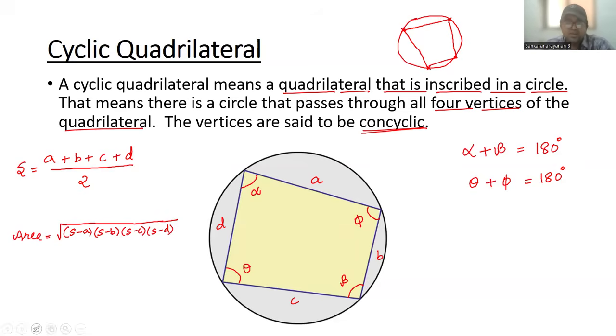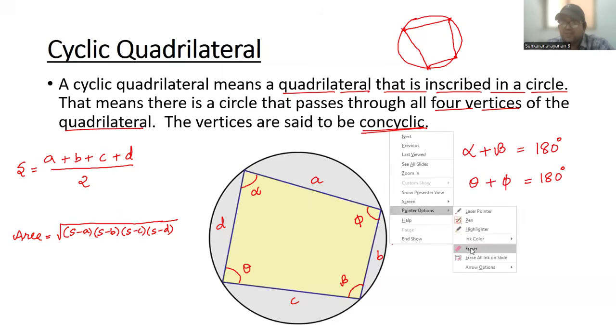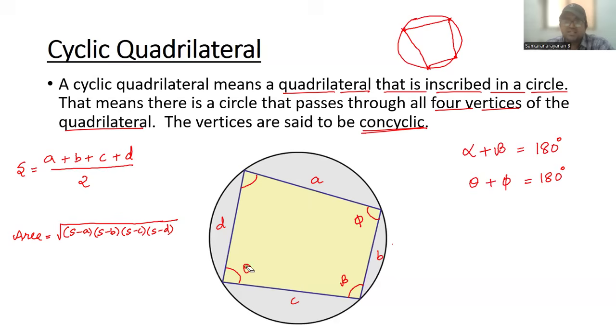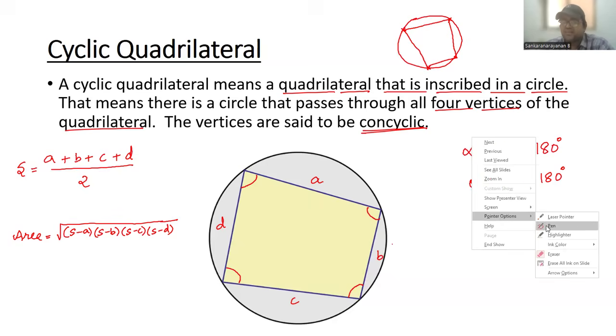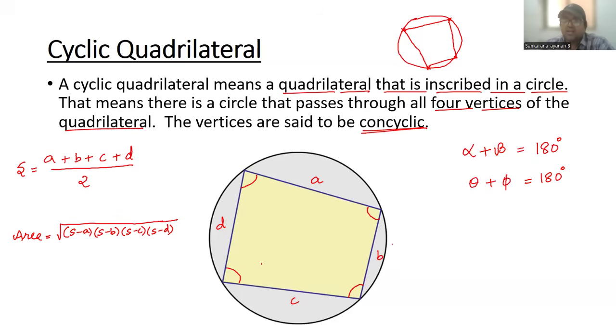Semi-perimeter will be A plus B plus C plus D divided by 2. So from this, we can say that the square root of S minus A into S minus B into S minus C into S minus D will give you the area of the cyclic quadrilateral.